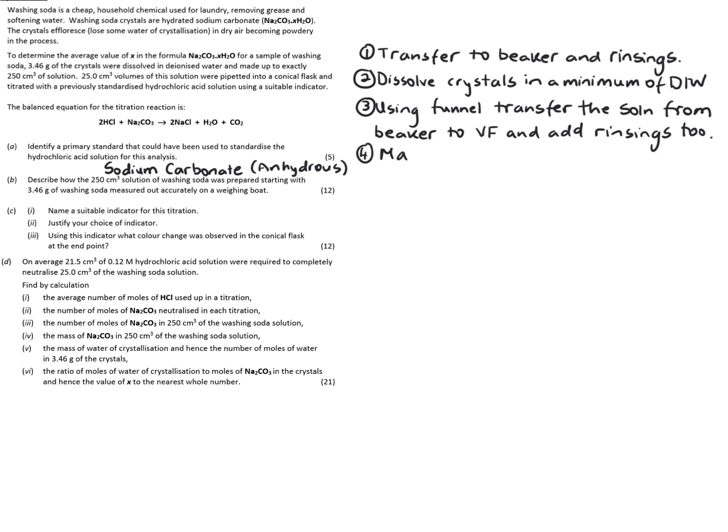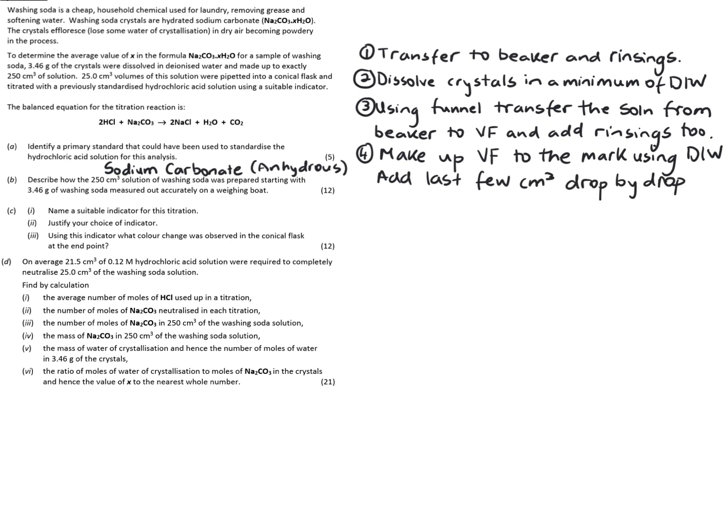Next, you make up the volumetric flask to the mark using deionized water. As you're doing that, you need to make sure you add the last few centimetres cubed drop by drop, using a dropper or a dropping pipette, and the bottom of the meniscus is on the mark.